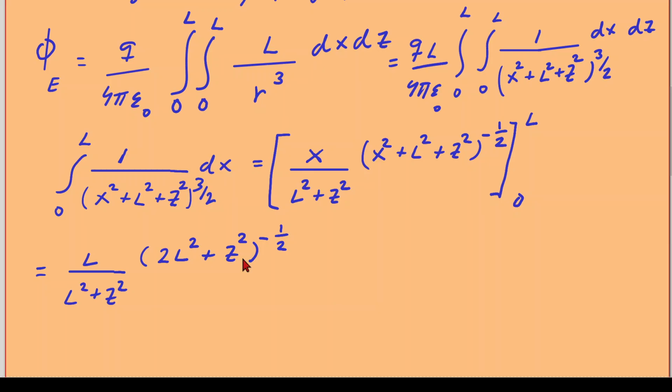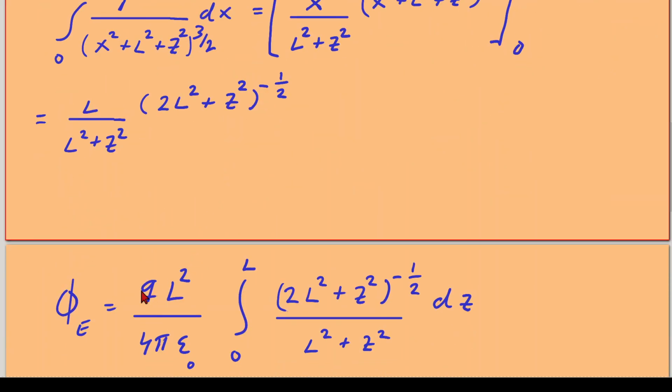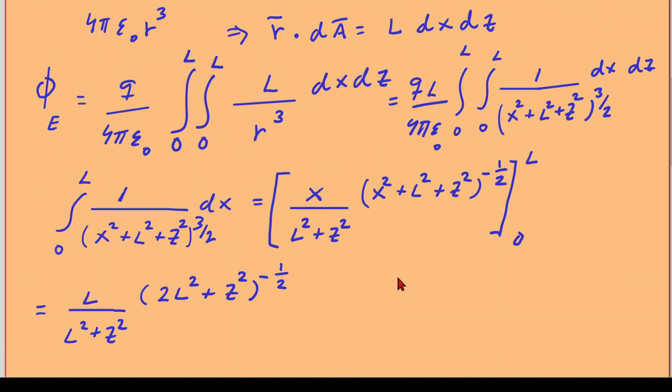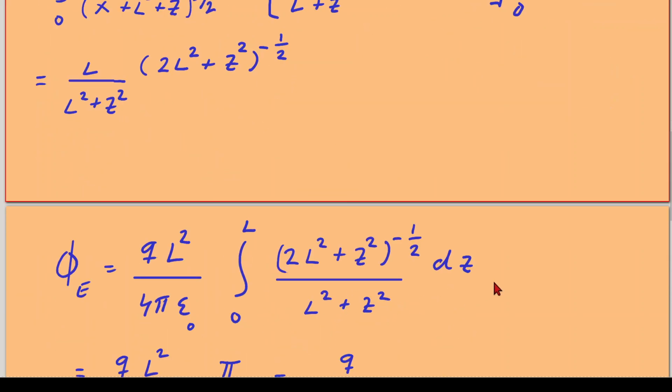So qL over 4 pi e naught, and then L, break out that. So you have now qL squared, this, and that guy is over here, and then that guy is over there. So a final integral to compute.